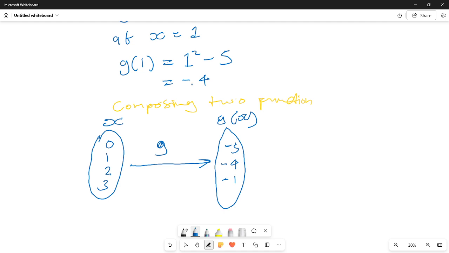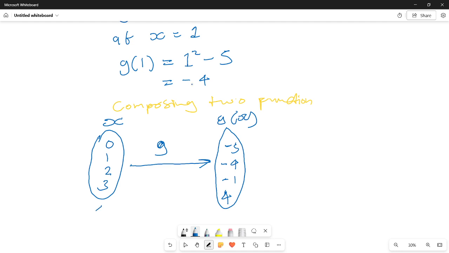If you substitute 3, you have 3 squared, which is 9, minus 5, you get 4. So these are the outputs for these particular inputs.